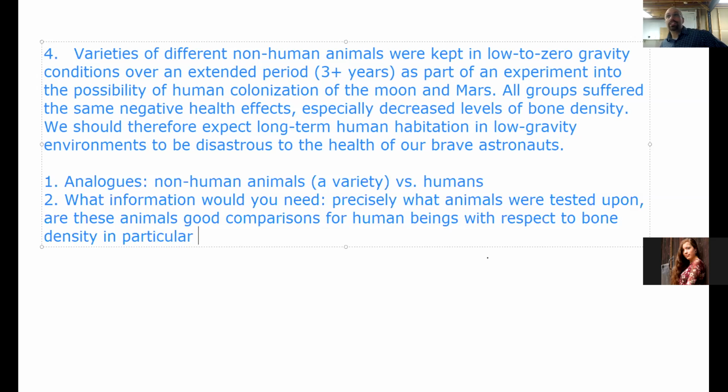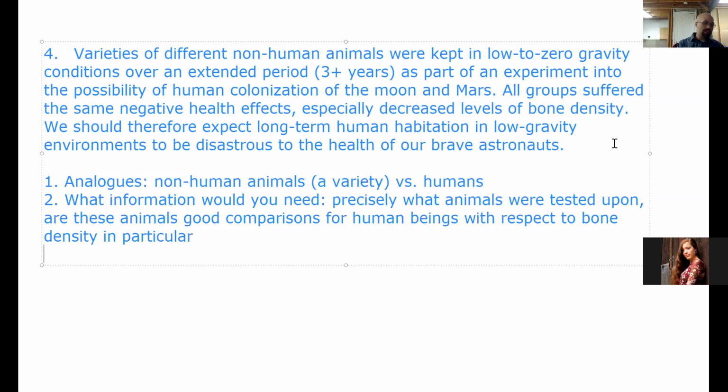And if you took this track for the problem, it's this last point that's the especially important one. It's not just how do these animals compare to human beings in general? That's not necessarily relevant. What's relevant is how do they respond, how do they compare with respect to bone density in particular? That's what we're actually talking about. Other similarities or commonalities or discommonalities with the animals don't really matter, right? Because all we're concerned with is them as a comparison group for bone density.